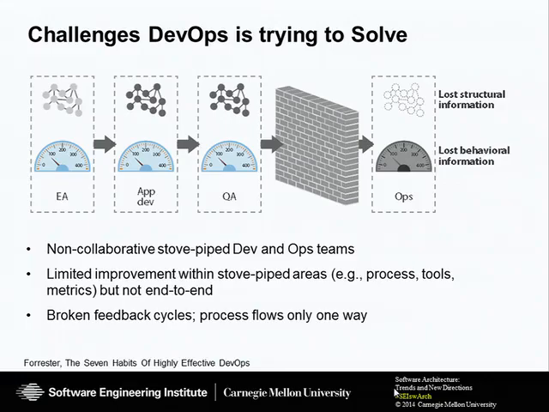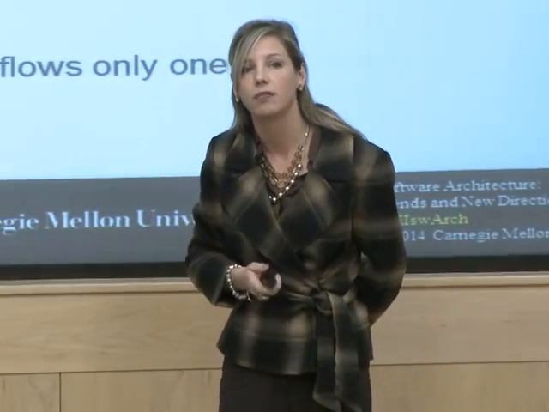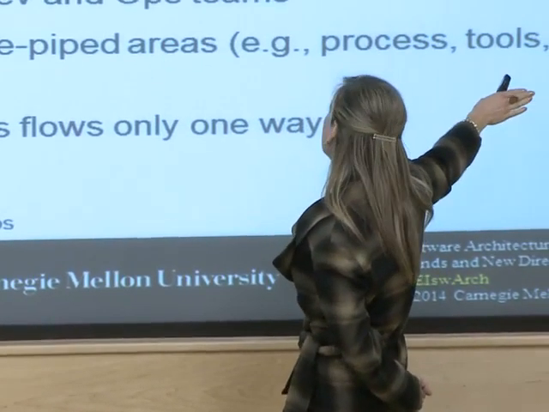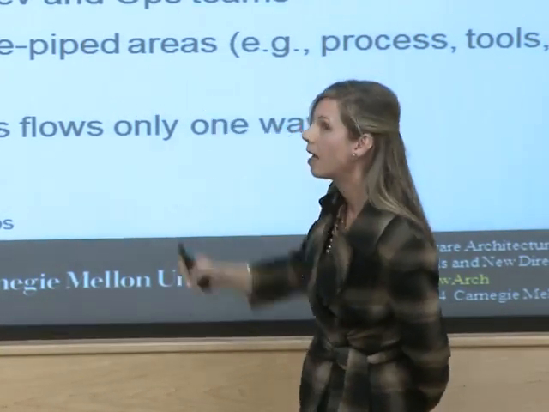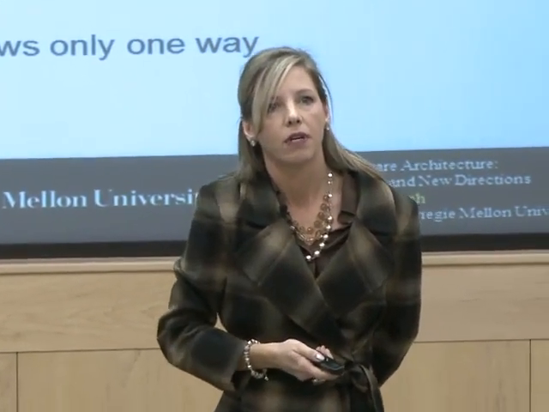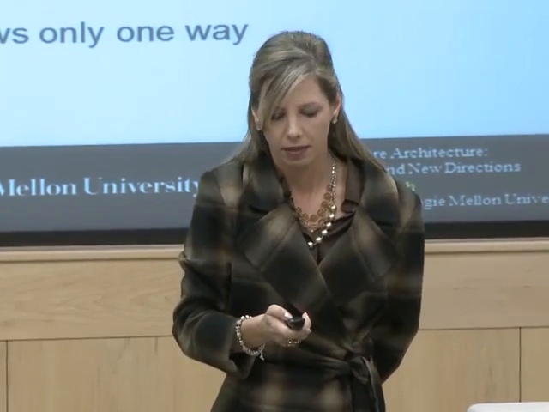Also there are issues with broken feedback cycles. In the process flows, everybody is focused on getting the software going out the door this way, but there is no feedback coming back to the delivery team once the software has been deployed. So, broken feedback loops.